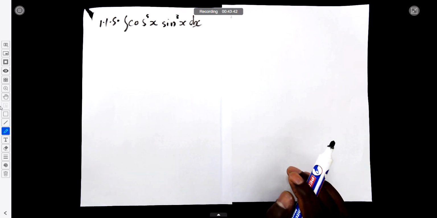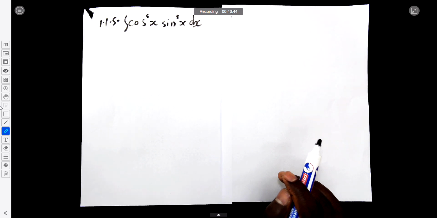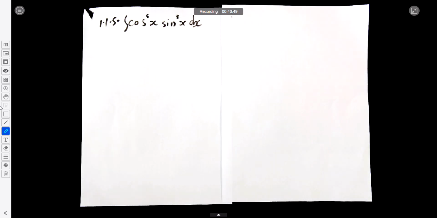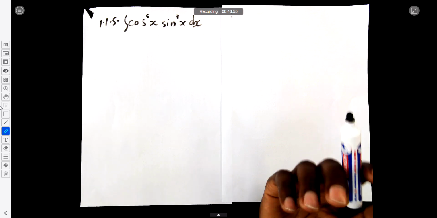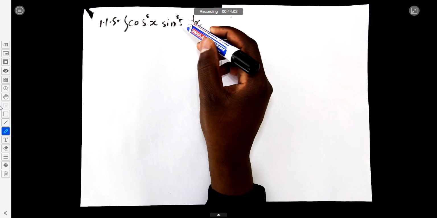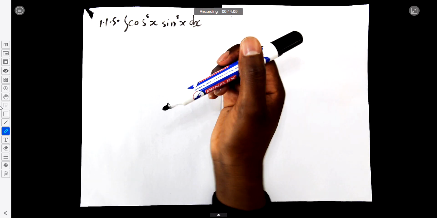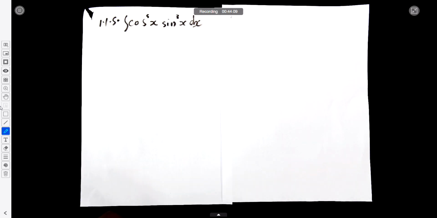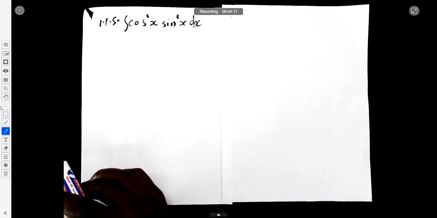To sum up, I said if both exponents are odd, you can change any of the functions to the power of 1. But normally take the one having a lower value of the power, like this one, a smaller exponent, which is 3. So we can utilize that one. But even if you utilize this one, it's still fine. You still get the same answer, the same equation. When you derivate, you still get the same gradient.